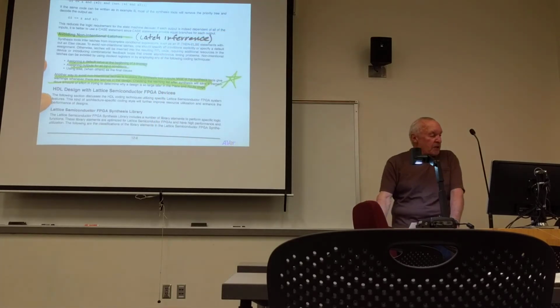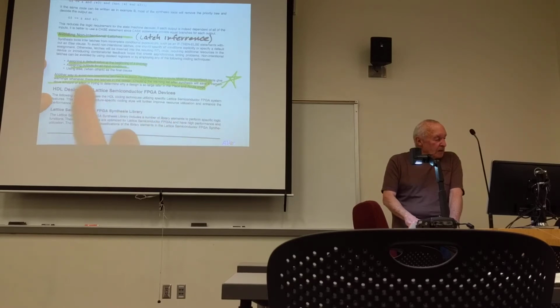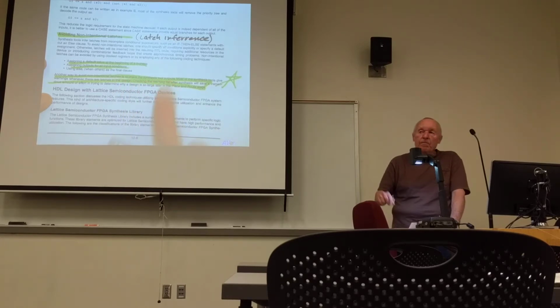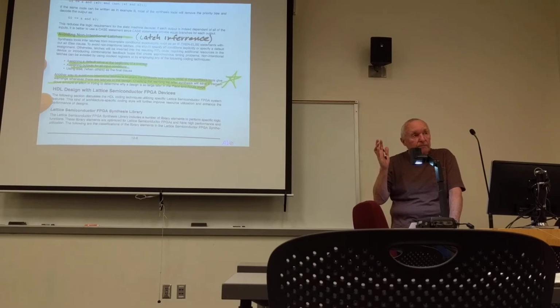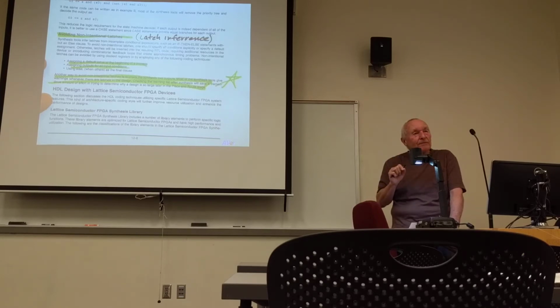Here they're talking about latch inference. Here are ways that you can get latch inference. It says another way to avoid non-intentional latches is to check the synthesis tool outputs. The synthesizer is going to generate a report file, a log file, if you will. There will be warnings if you have latch inference.